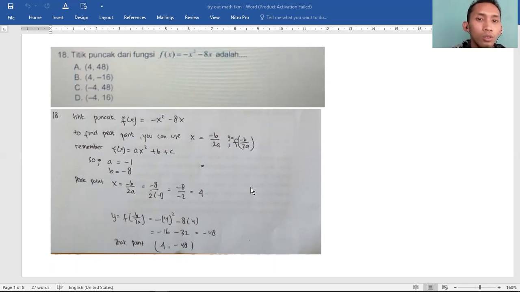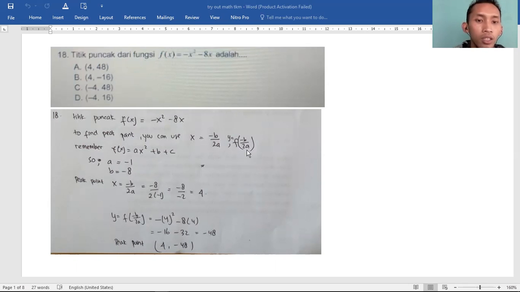If you have a quadratic equation, you will have a parabolic graph, and that parabola will have a peak. So how to find the peak? This is the formula. We have a, b, and c.